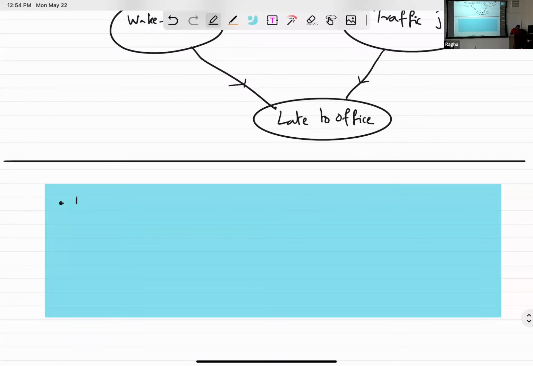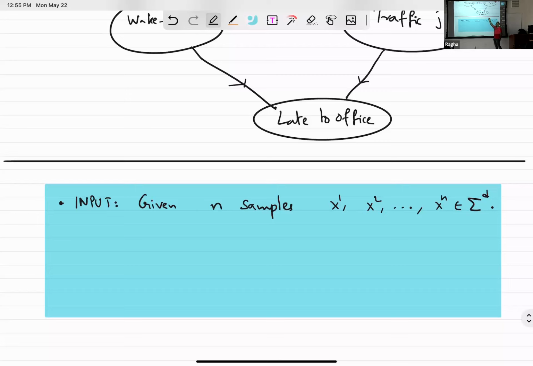One is, imagine you're given n samples from this distribution, from some distribution generated with some underlying Bayesian network.